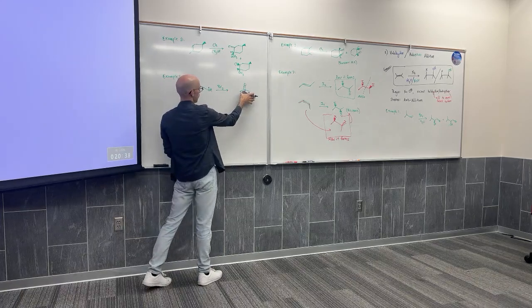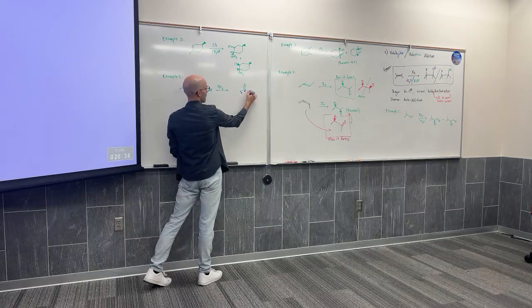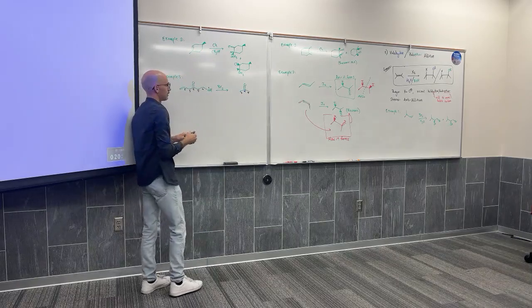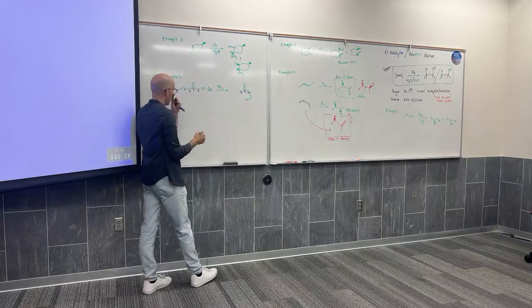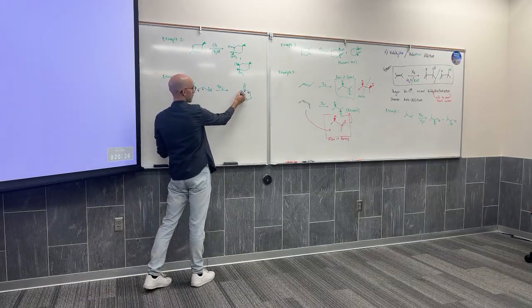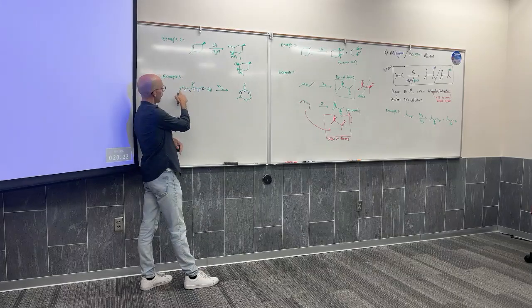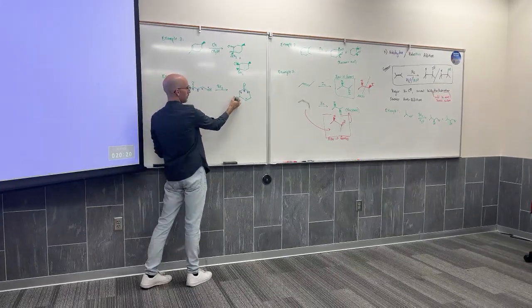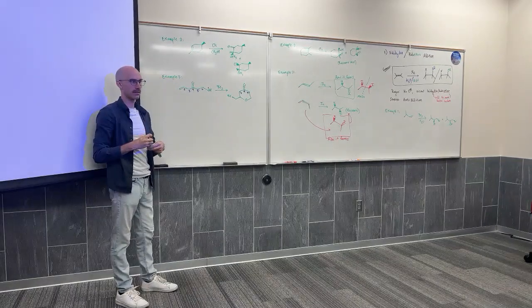Oops, I did that the wrong way. Five connected to 6, 6 connected to my alcohol, 3 connected to 2, 2 connected to my alcohol. 2 is also connected to this group out here, which is where the bromine is going to add.